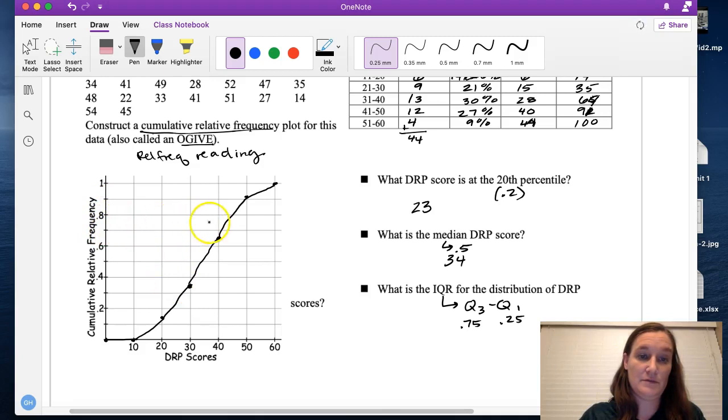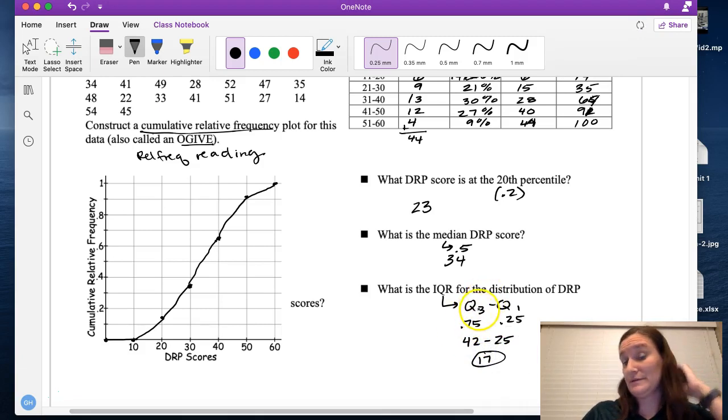So that's going to be probably like 42-ish. And then 0.25, it's kind of a guessing game. And that's 25. And I'm really bad at subtracting. So let's see. It's one less and one less. So this is probably like 17. All right, so the IQR is going to be 17.